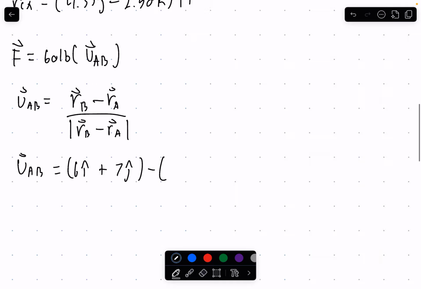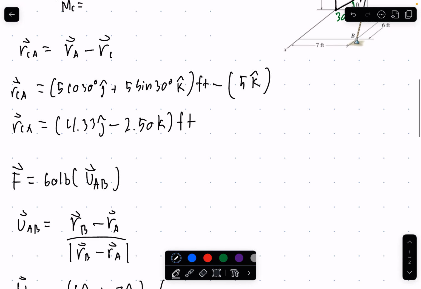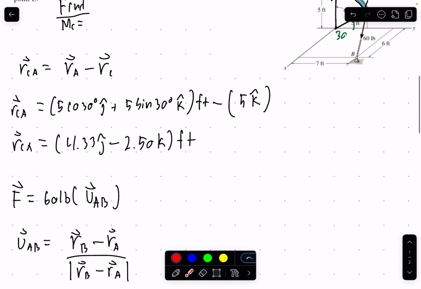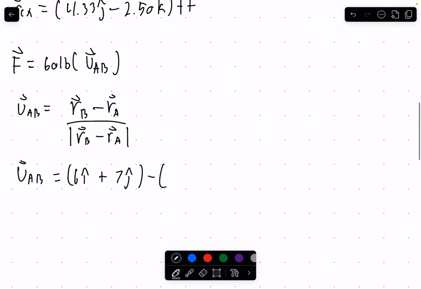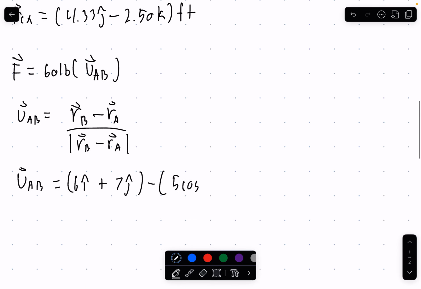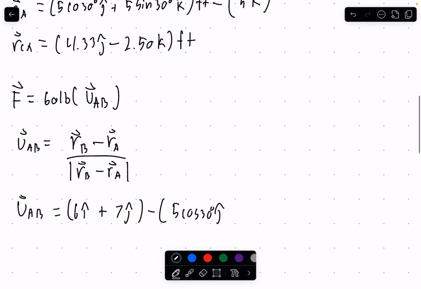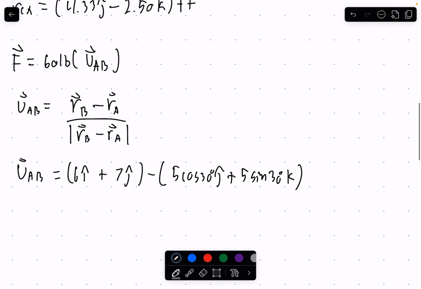And we'll subtract the position to A, and we actually already found that vector up here. We know it's going to be 5 cosine 30 in the j hat direction, plus 5 sine 30 in the k hat direction, and that's all going to be in feet. We'll look at the units a little more in a second.